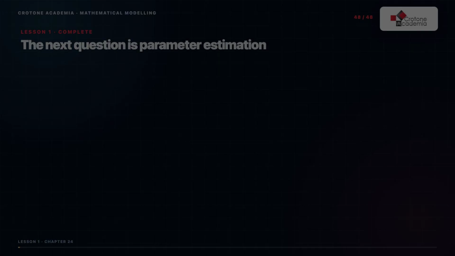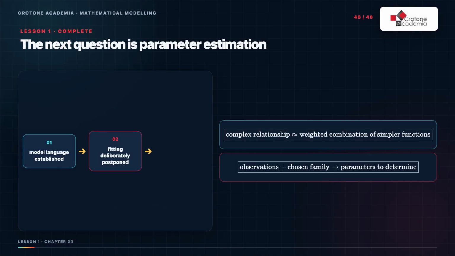We began with a familiar idea. A known relationship turns an input into an output. We then reversed the problem. Observations were available, but the relationship and its parameters were not. We learned to distinguish observations from predictions, a model family from one selected model, inputs from shared parameters, and raw variables from transformed features.